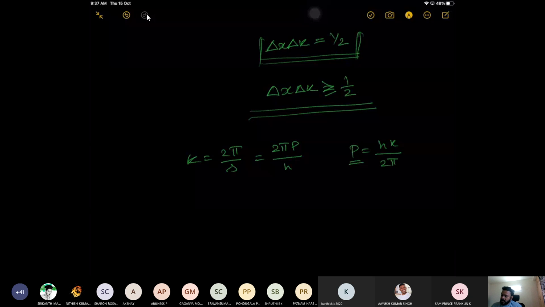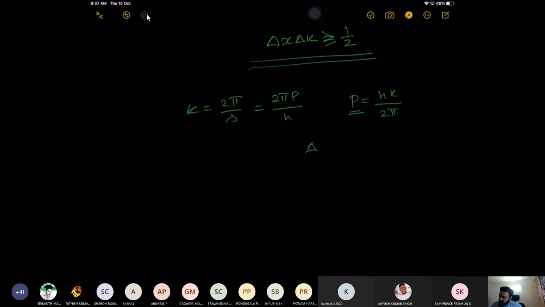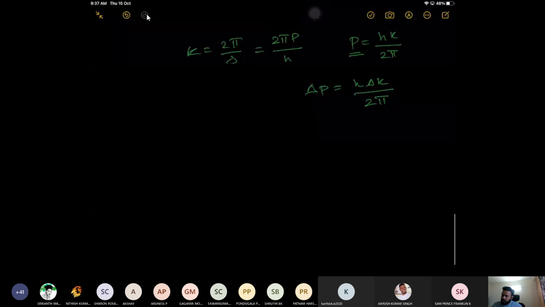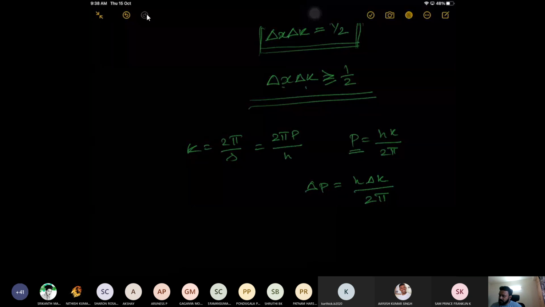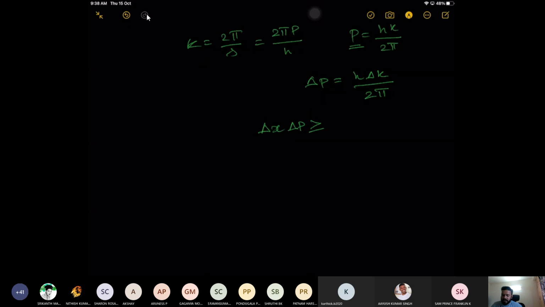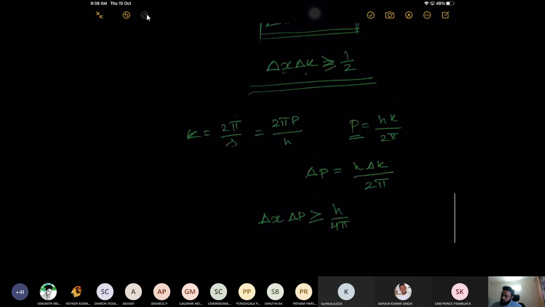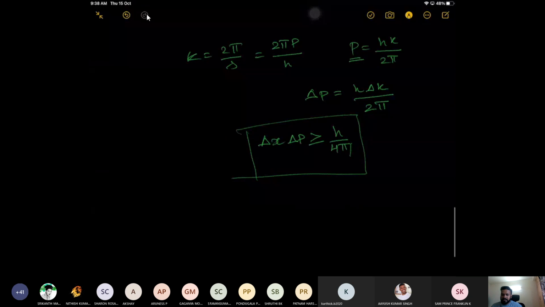So the uncertainty in momentum should be equal to the uncertainty in k times h by 2 pi. We also know that delta x times delta k is greater than or equal to 1 by 2. So eventually this relation would be of this sort: delta x delta p should be greater than or equal to h by 4 pi. Having this 1 over 2 in mind, this would be our final relationship.